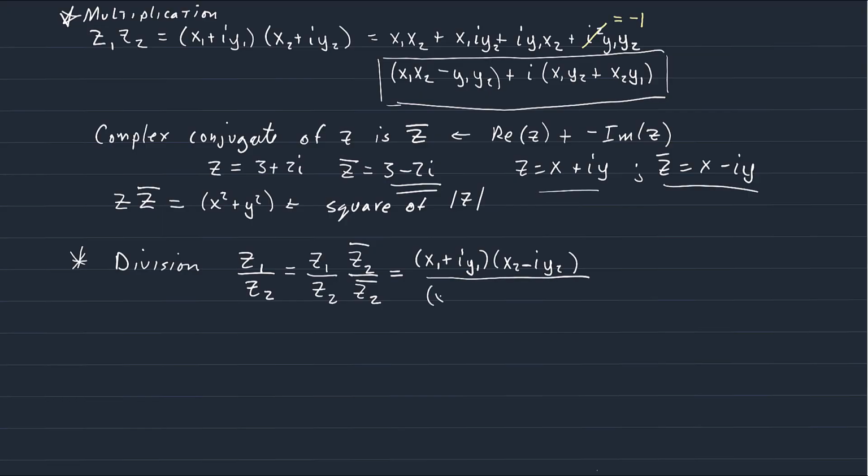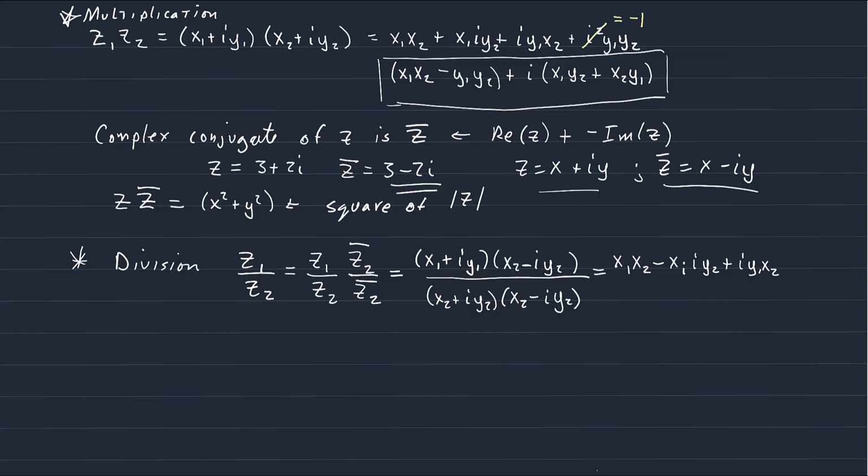And then the denominator is x2 plus iy2 times x2 minus iy2. When we evaluate the numerator, we get an x1 times an x2 minus an x1 times an iy2 plus an iy1 x2.